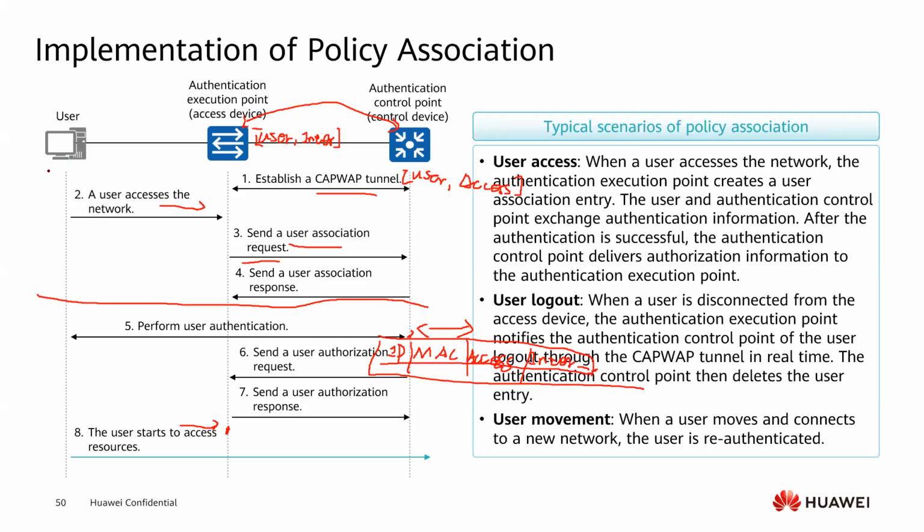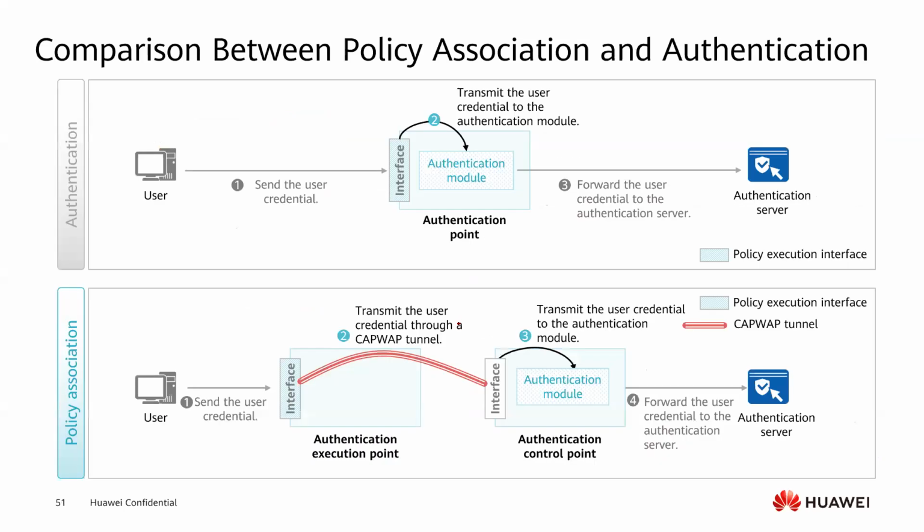And when the users move to another place, they can go through the association and authentication process again, and then the entries are created again. So this is the function of the policy association.